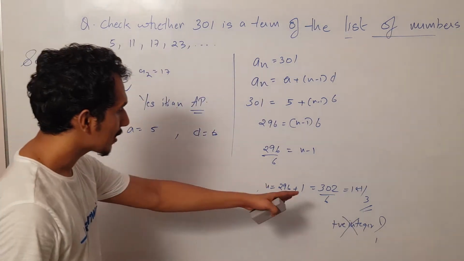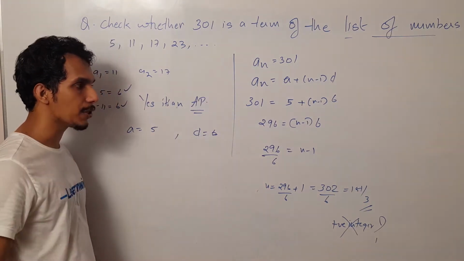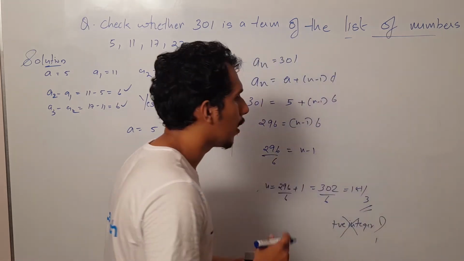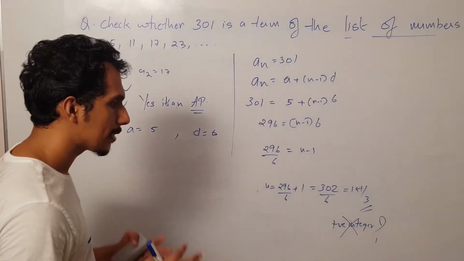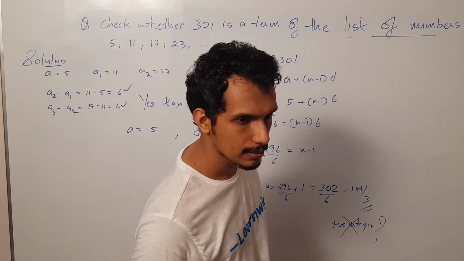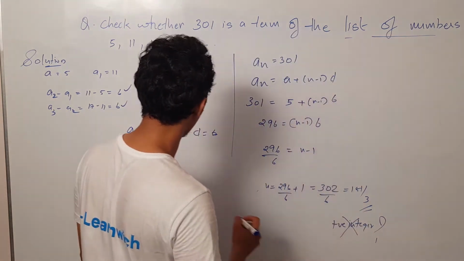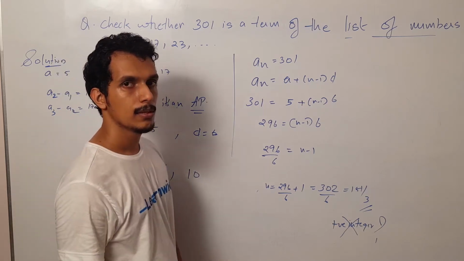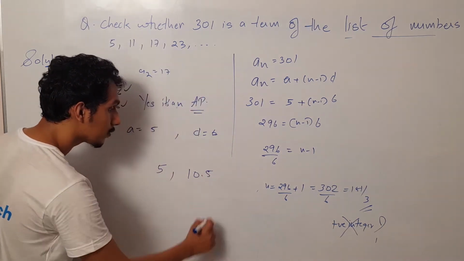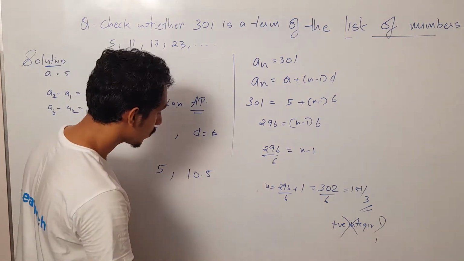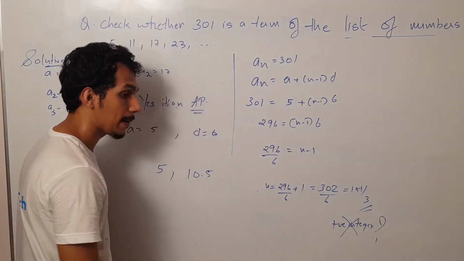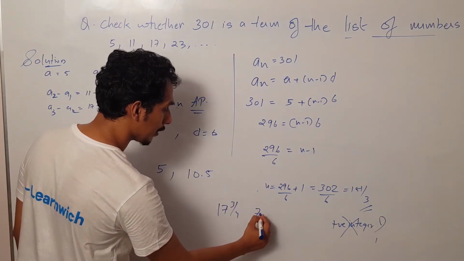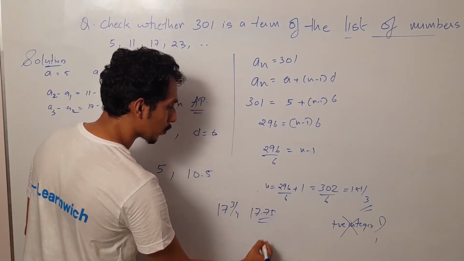So as long as you don't get a positive integer, what does this actually mean? Let's say there is Ram, there is Srijit in the class, and somebody is asking you how many students are there in your class. You can say there are 5 students, or you can say there are 10 students. Can you say there are 10.5 students? Or can you say, ma'am, including Srijit, there are 17.75 students?